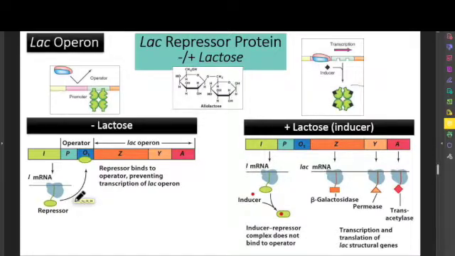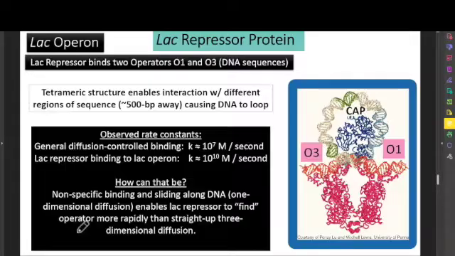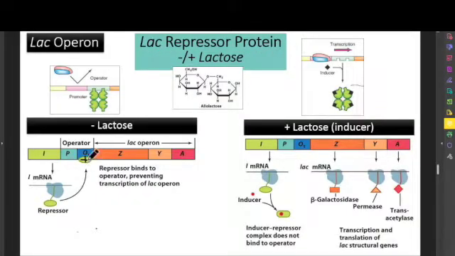And so on that note, I can just maybe draw something like this to show that there's 4 of them there. Okay, although we will see that that's still not quite right. But for the sake of this discussion, so it binds there. And then what we have essentially is RNA polymerase cannot induce transcription.